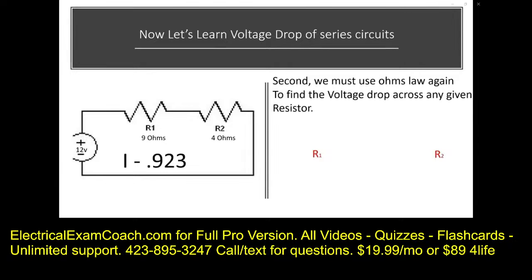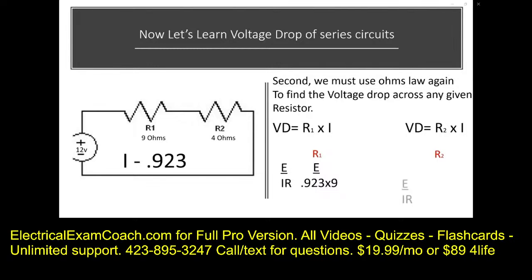Second, we must use Ohm's law again to find the voltage drop across any given resistor. Voltage drop is going to be equal to R1 multiplied by I, and voltage drop of resistor 2 is going to be equal to that resistor multiplied by I. Because remember, we're just trying to find the voltage drop. So E equals IR. Just plug in the knowns. In this case, we know the I and we know the resistance, and we're looking for the voltage drop.